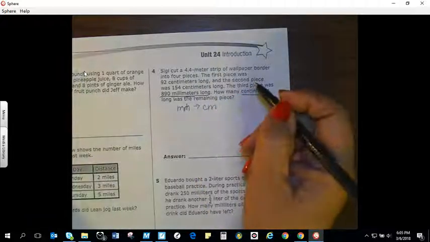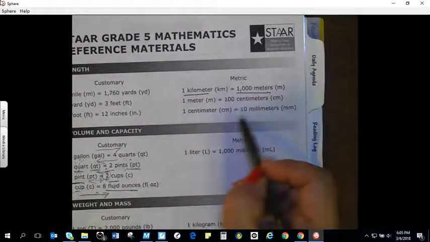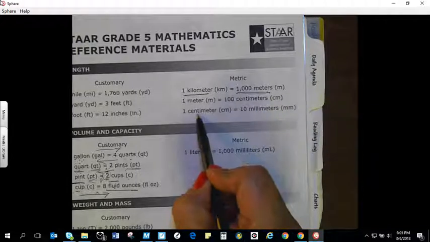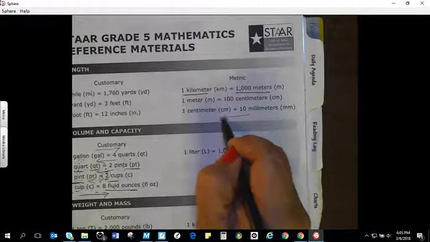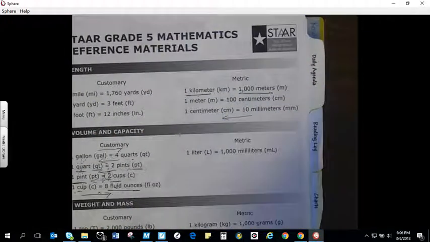Now I'm coming over to my rule book, and in here I have millimeters to centimeters, and so I'm working back this way. This never changes whether you do customary or metric, okay? Never ever changes. Same process.